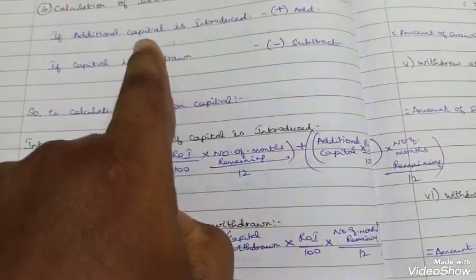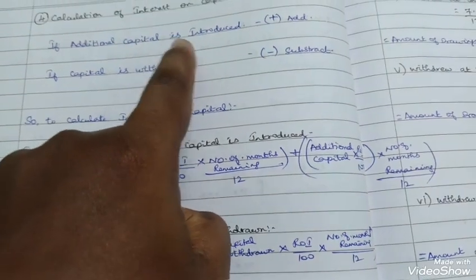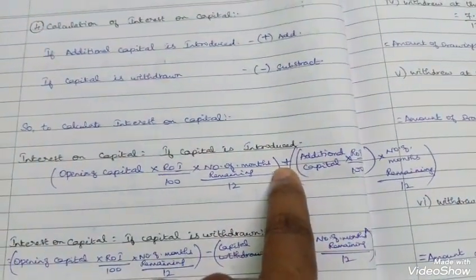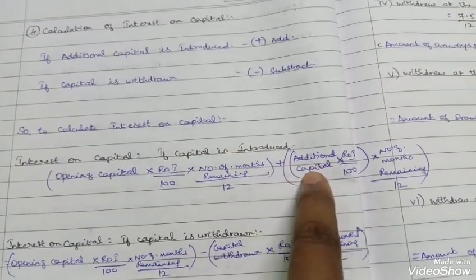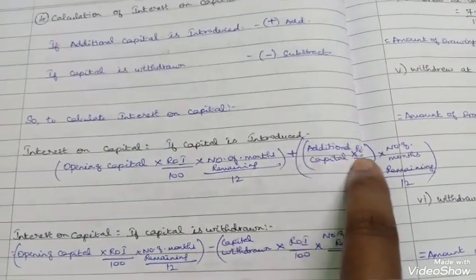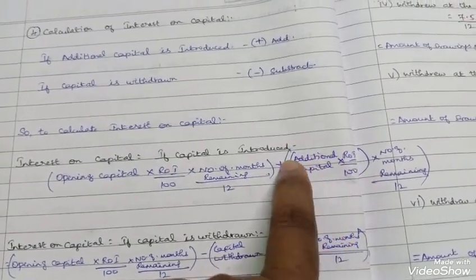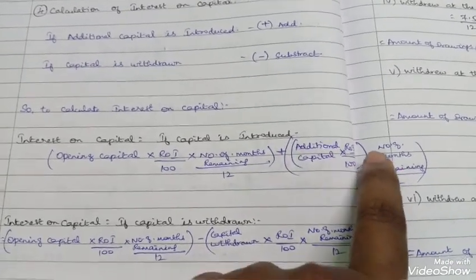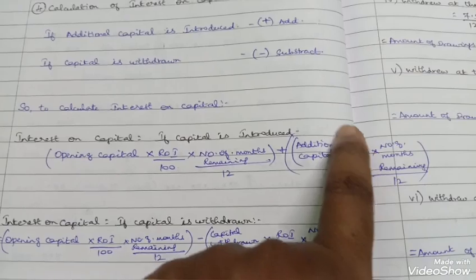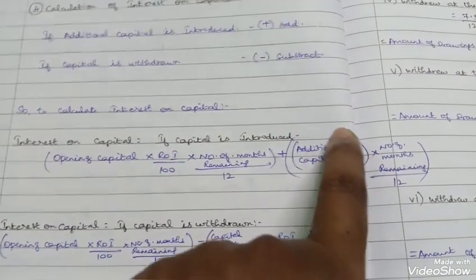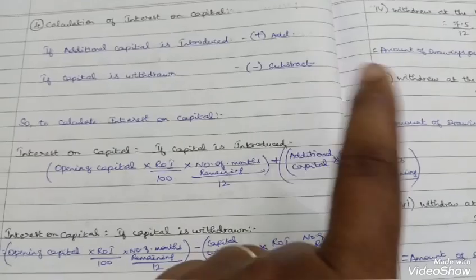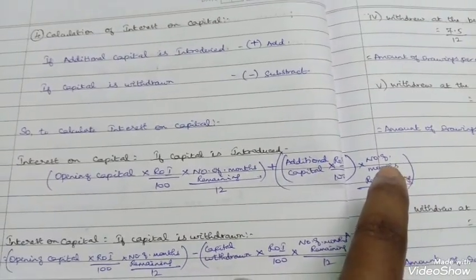If a partner has introduced additional capital, then the symbol will be plus. Then additional capital, how much he has introduced, into rate of interest by 100 into number of months remaining, from the date he introduced the additional capital to the closing of the financial year.